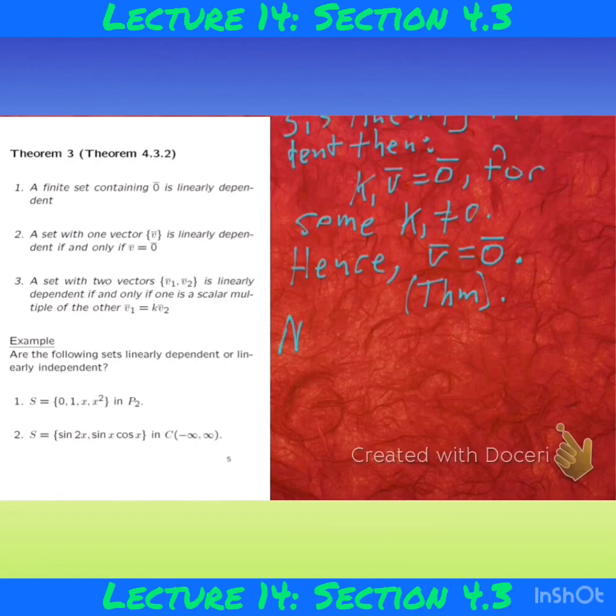Right, now let's look at the other way around. If v is the zero vector, then let k1 be 1.